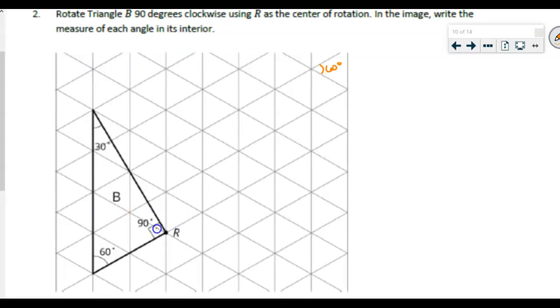Knowing that this angle is 60 degrees, but the full angle in that triangle is 90 degrees, we can come to a conclusion about this amount right here. And that amount right there is 30 degrees.